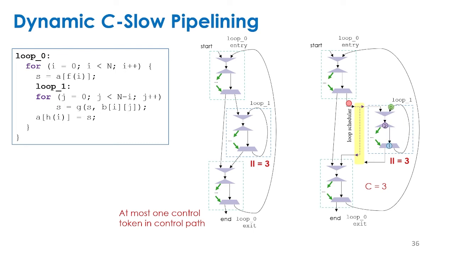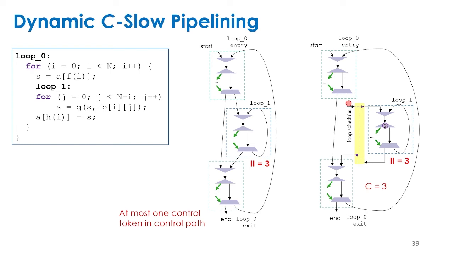Since the execution of different instances of loop 1 is out of order, the order of the tokens exiting loop 1 may not be in the original program order. The loop scheduler holds the exited tokens and reorders them into the original program order to ensure correctness. It enables dynamic C-slow pipelining by checking the entry condition and exit condition at runtime.